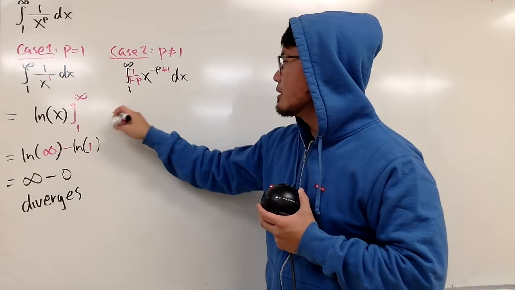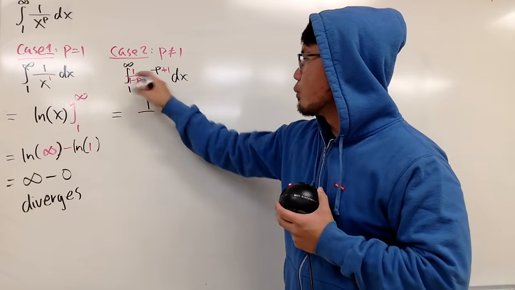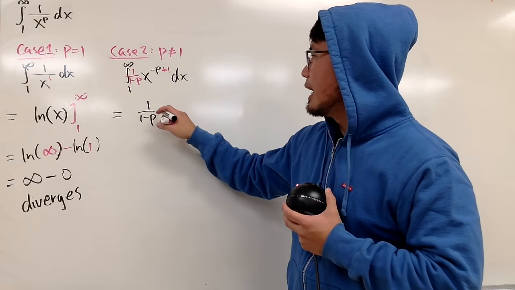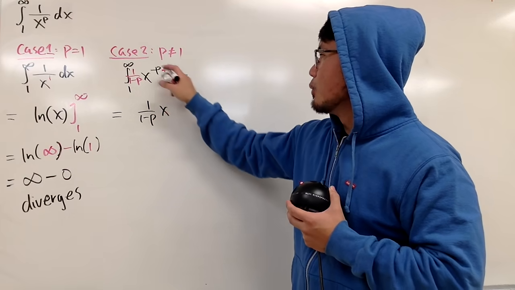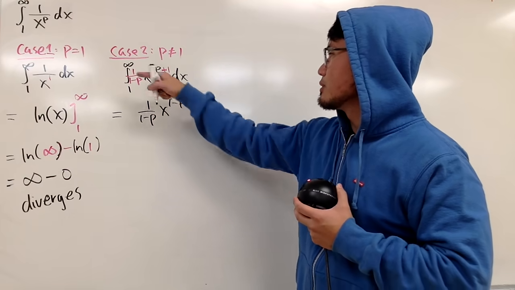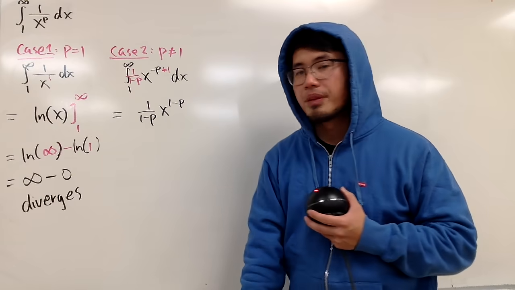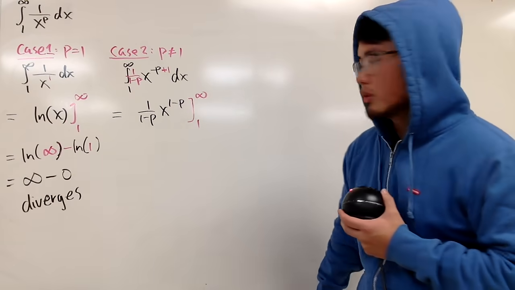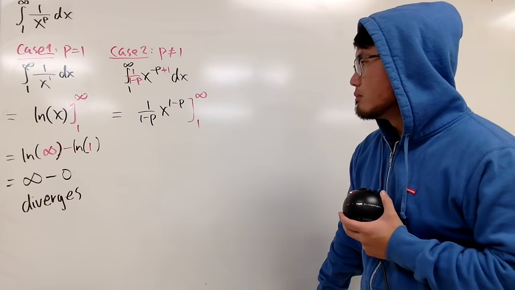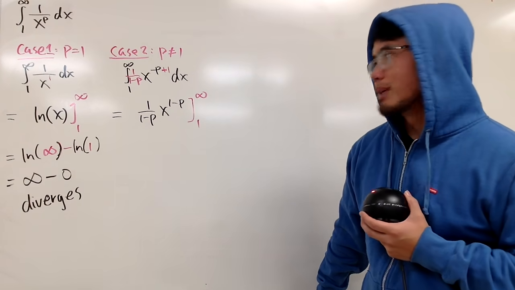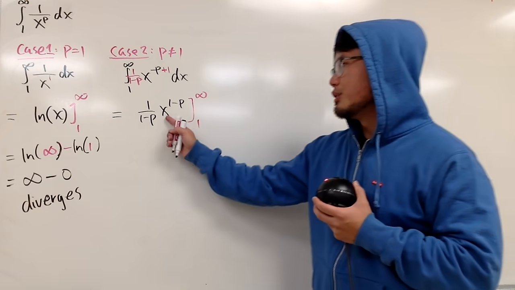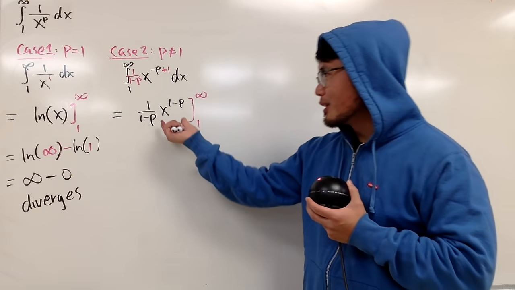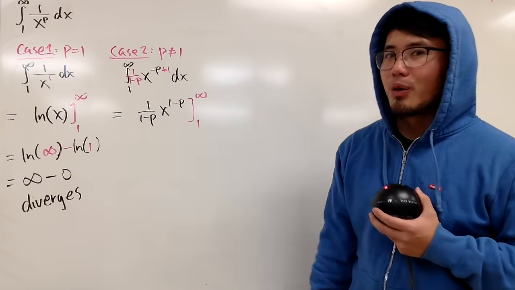And I'll write it down. This is going to be 1 over 1 minus p, and we multiply by x to the 1 minus p power. Okay, let's just put it down like this, nice order. And then, of course, we plug in, right? We have the 1 and also the infinity. And now we have some situation, because if you put infinity here, you are talking about infinity to the 1 minus p power.